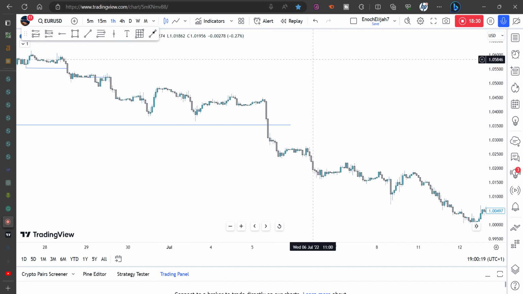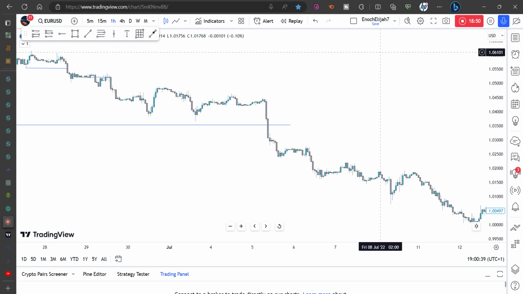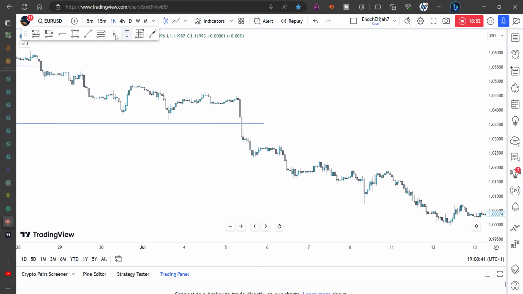So basically, I sell at premium level if we are bearish on daily, and I also look for that same bearish structure on a lower time frame, probably the 1 hour time frame, and sell at that premium bearish structure on the 1 hour time frame. It's as simple as that. That's how I do it.